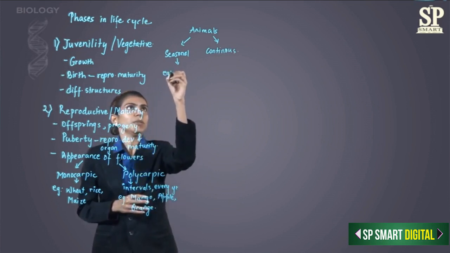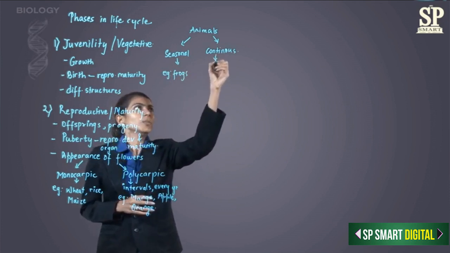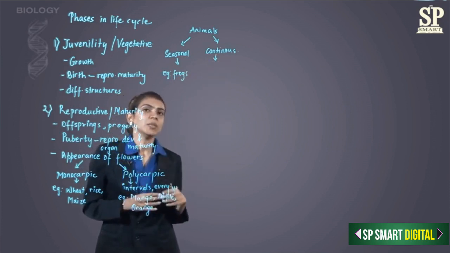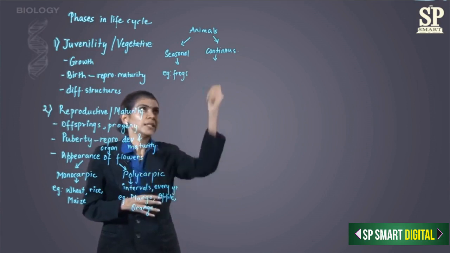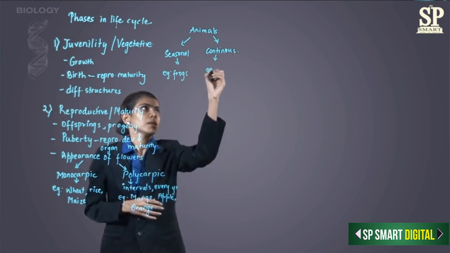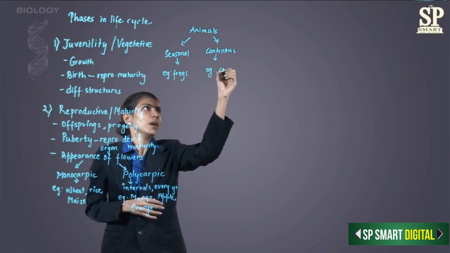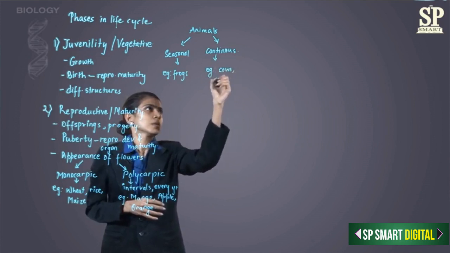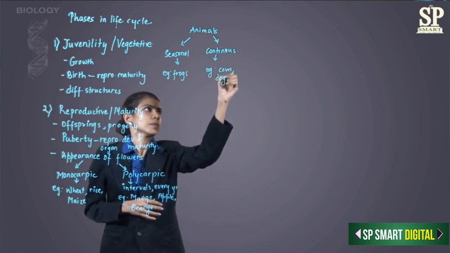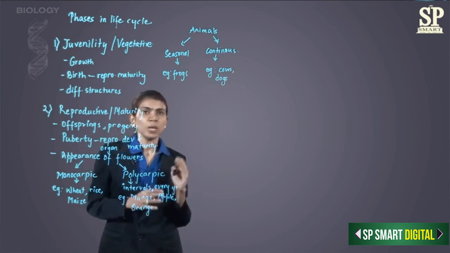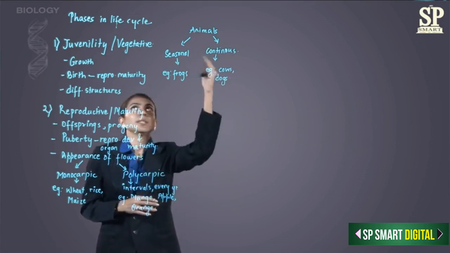For example, frogs. Continuous breeding animals are those wherein they repeatedly breed throughout their life cycle at intervals. For example, cows, dogs. So this was the type of animals based on breeding.